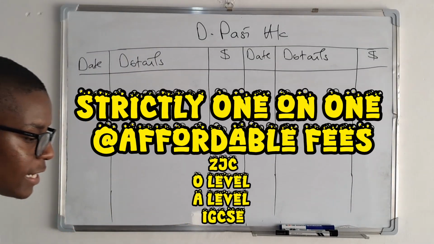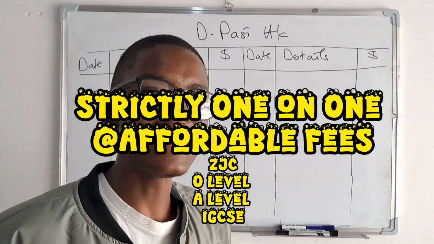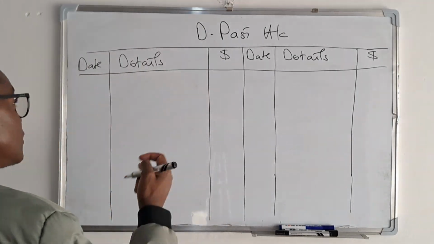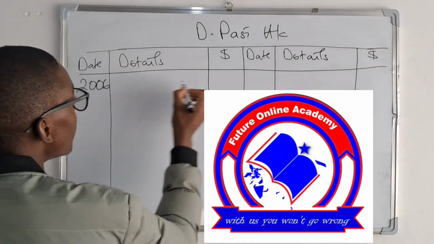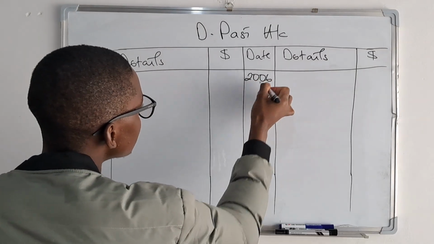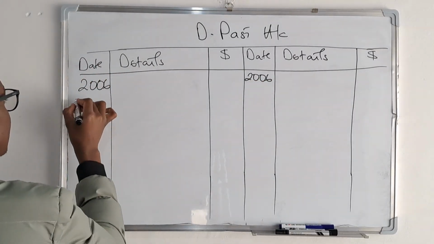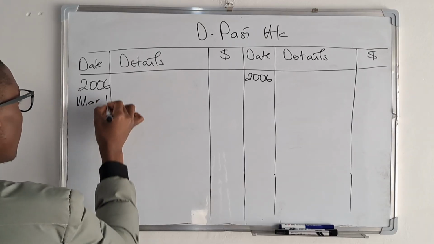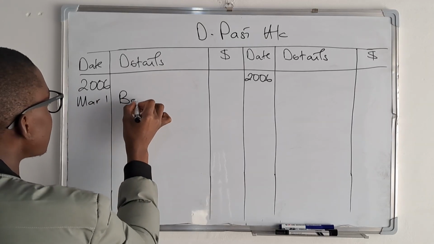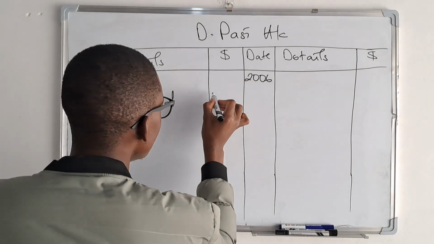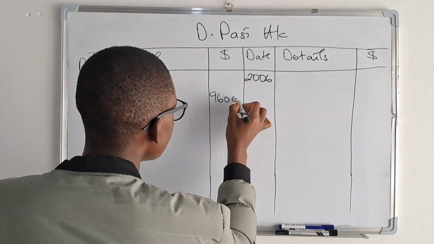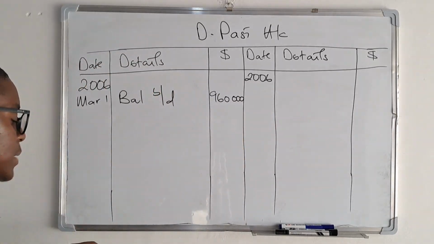D Parsi $960,000 DR. DR, remember I told you yesterday, you first write the year, which is 2006, on both sides. Then you write March 1, balance BD. Our balance BD has been said to be 960,000 on the debit side.